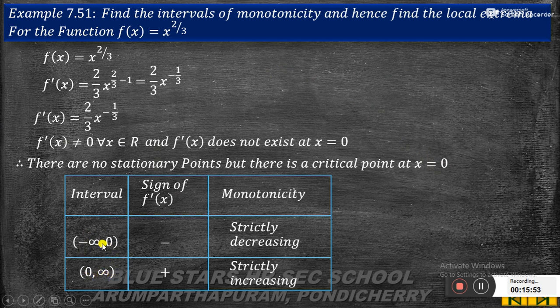Now I substitute any value from the first interval, where all the values are negative. Suppose I take x equal to minus 1. Otherwise I substitute x equal to 2, so f dash of x is 2 by 3 into 2 power minus 1 by 3, which is 2 by 3 into 1 by 2 power 1 by 3.